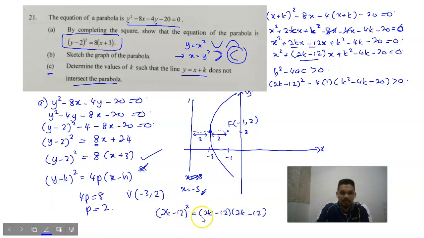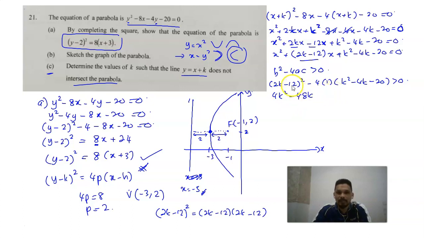Okay, so 2k times 2k, 4k squared, 2k times negative 12, negative 24k, another negative 24k, negative 48k, and negative 12 times negative 12, 144.